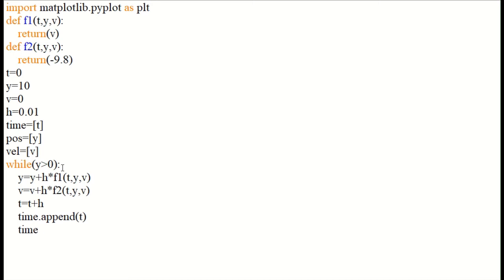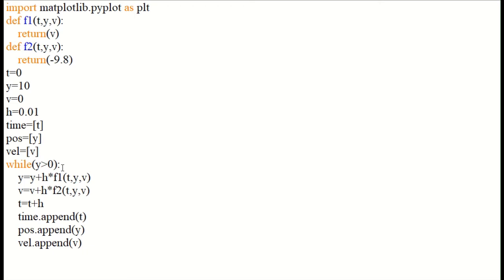Okay, time dot append. Then next step is position dot append. We have to append the new position, that is y. Then we have to append the velocity, so vel dot append v. So everything is fine.